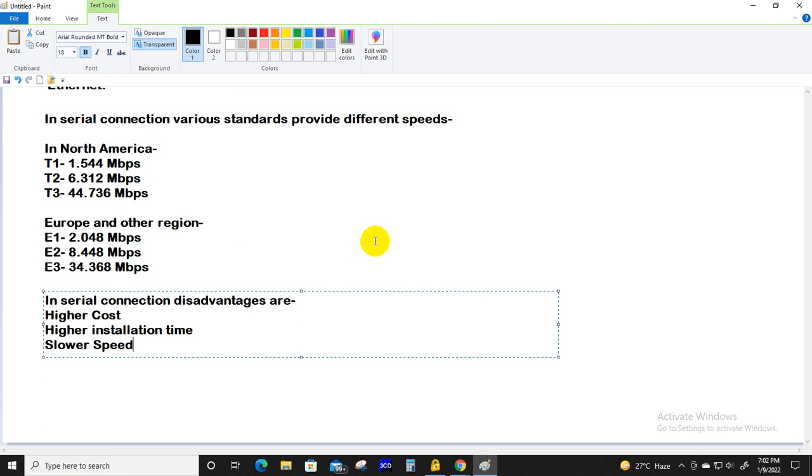All these disadvantages, like higher cost, higher installation time, and slower speed, are overcome in Ethernet fiber optic connection. That's why in today's networks, those who are still using leased lines use optical fiber Ethernet connection.